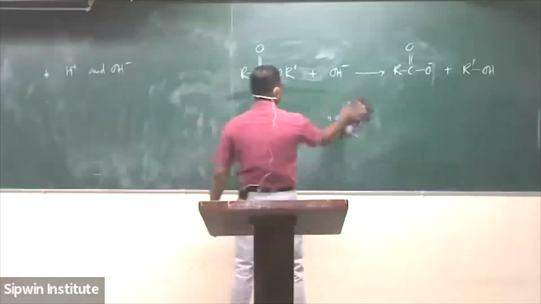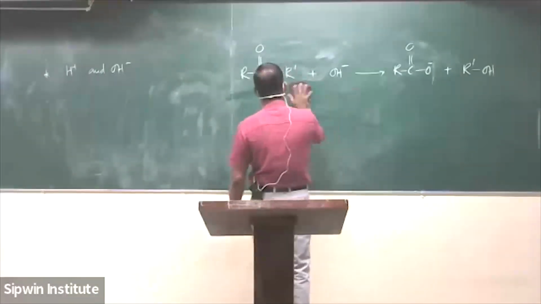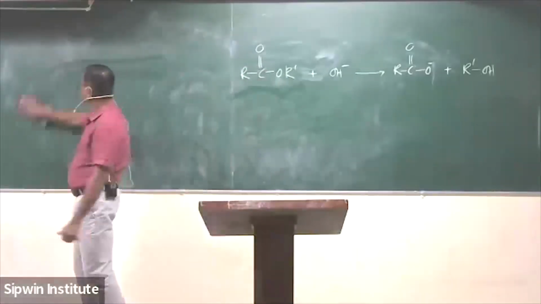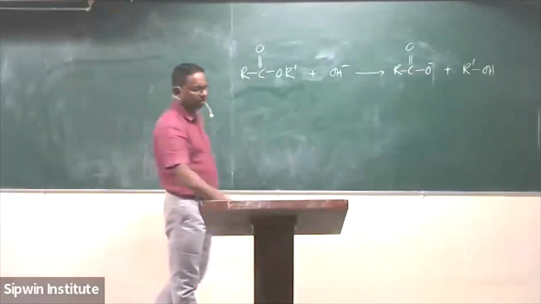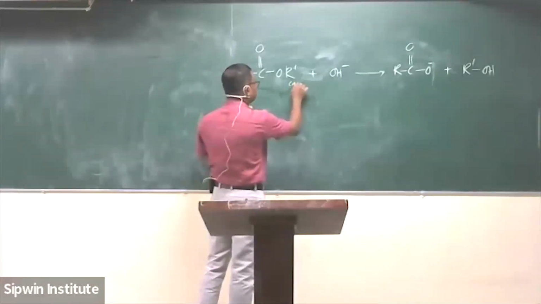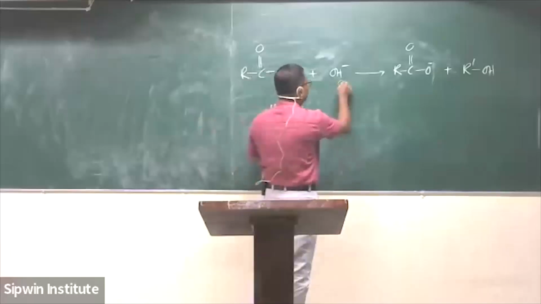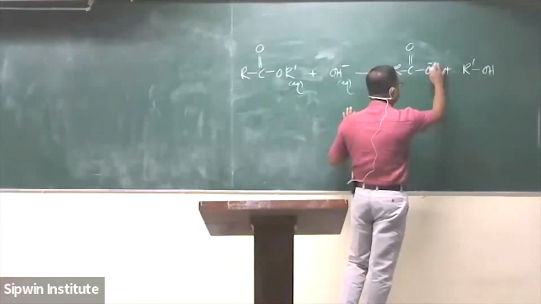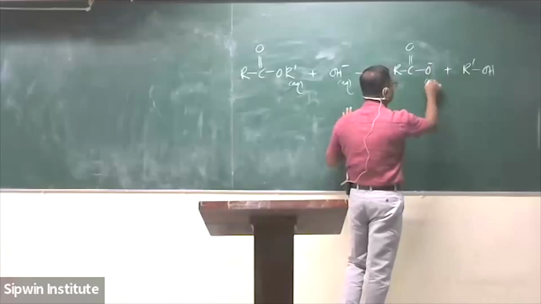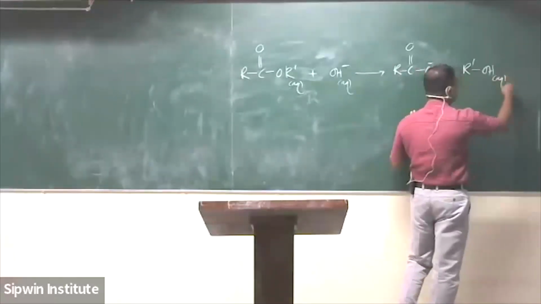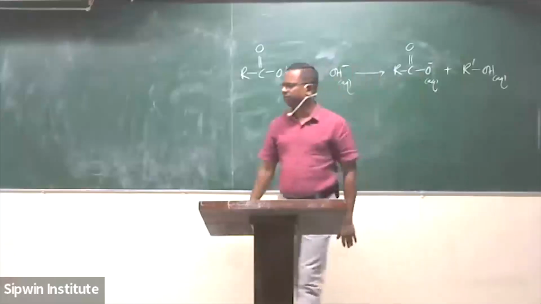Take down this reaction. RCOOR dash (aqueous) plus OH minus (aqueous) gives carboxylic acid anion, RCOO minus (aqueous), plus alcohol (aqueous), R dash OH.